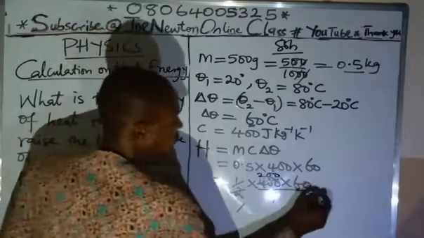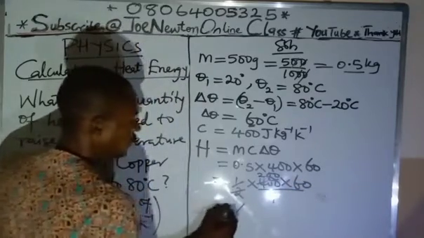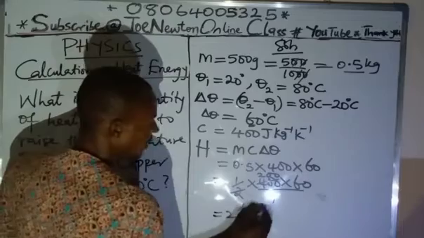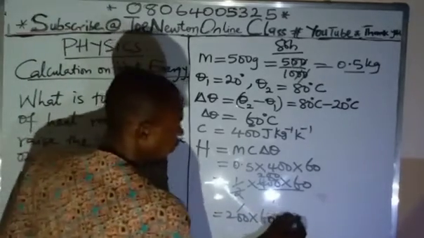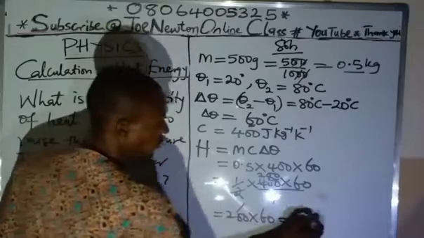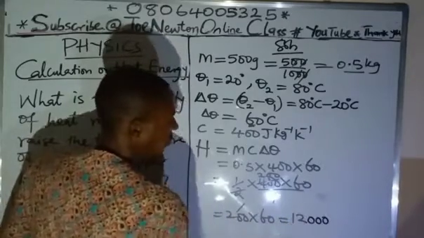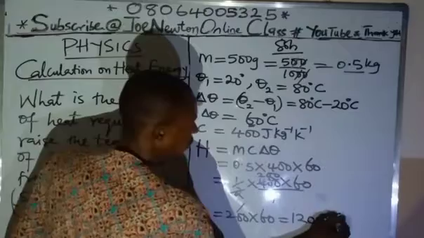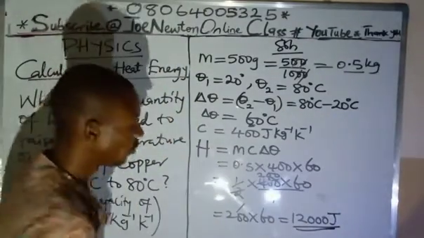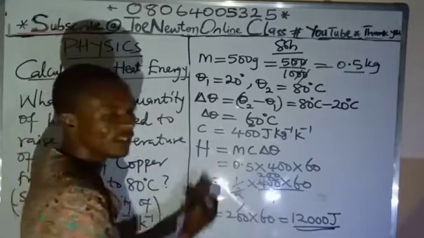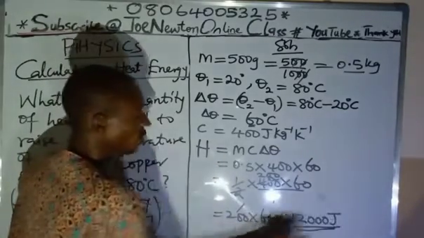Then we are left with 200 times 60. 2 times 6 is 12, and we put the 3 zeros, 0, 0, 0. So this is what we have. Remember, the unit of heat, the unit of energy, is what? Joules. So the quantity of heat energy required is 12,000 joules.